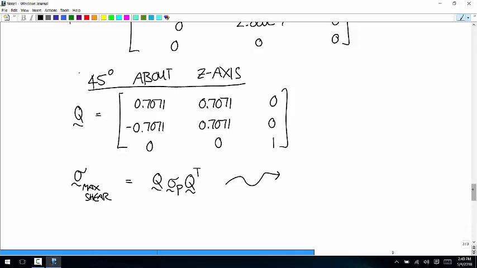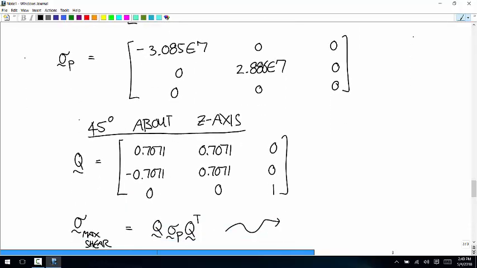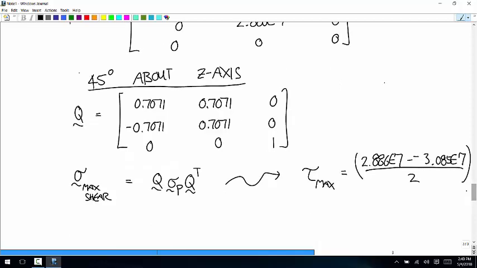I'm not going to do that calculation, but we do know that it's going to give us a maximum shear stress of 2.986 times 10 to the 7th minus a negative 3.085 times 10 to the 7th divided by 2, which is almost exactly 3.0 times 10 to the 7.